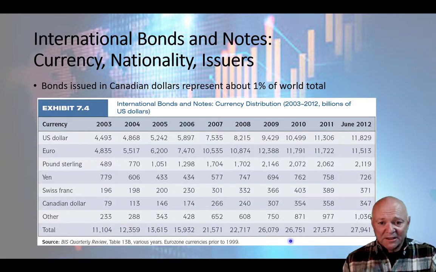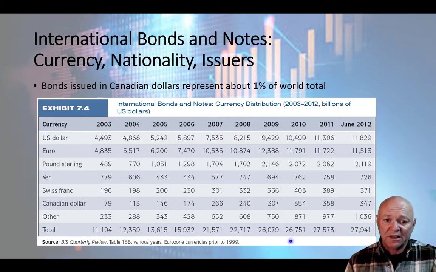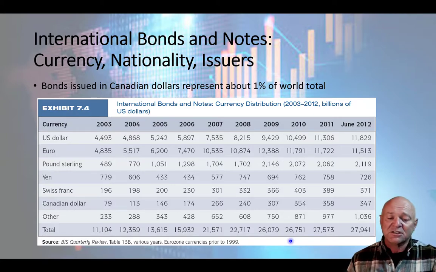When we take a look at the bonds that have been issued on a global basis, they include bonds issued in US dollars, in euros, in pounds, yen, francs, Canadian dollars, and many other currencies. Although predominantly the most important currency for issuing bonds has historically been the US dollar, we see the euro has become at least as important, and certainly in more recent years.